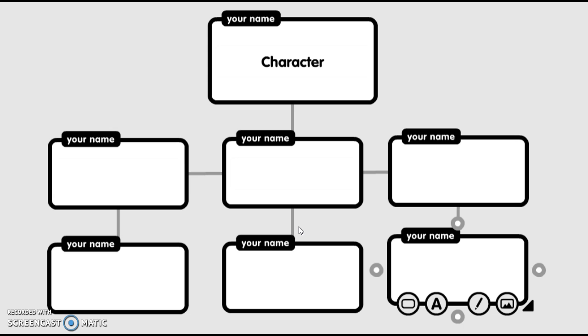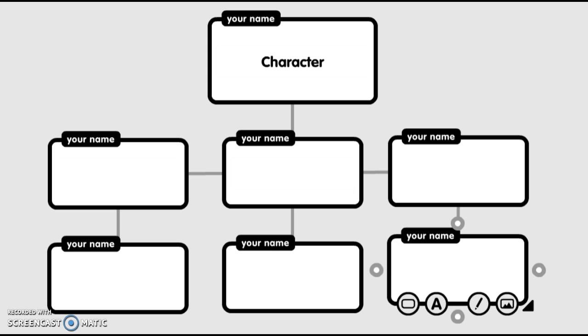What I really like about this, if you are a visual learner, is that it's better to see all the information grouped and see how all of this connects to that one main point, which is the character. So this can also help you make connections and think of different ideas as well.